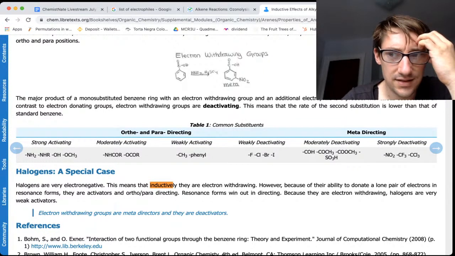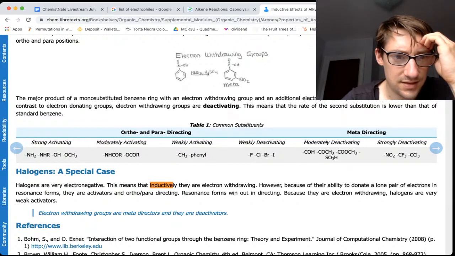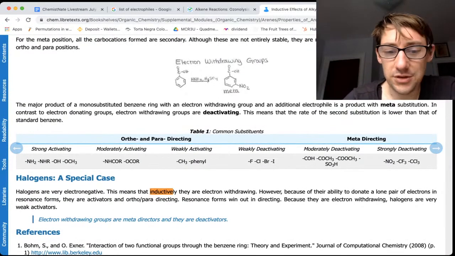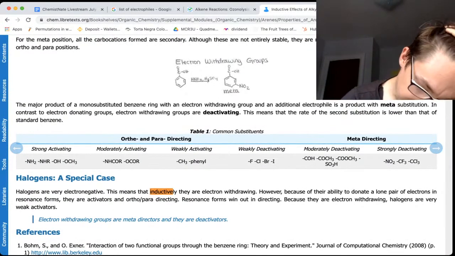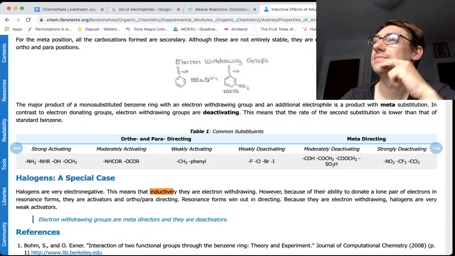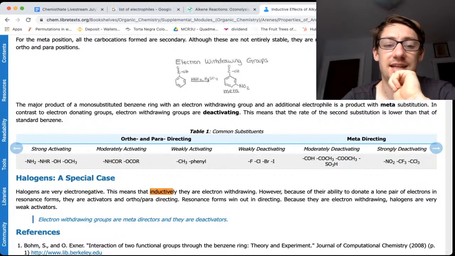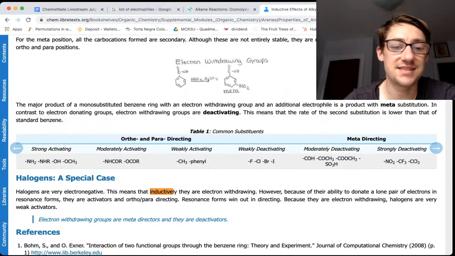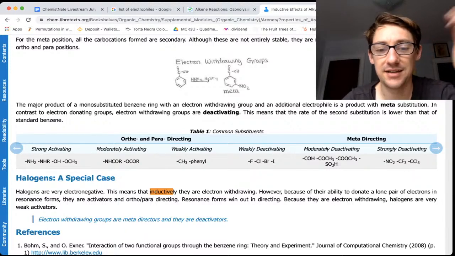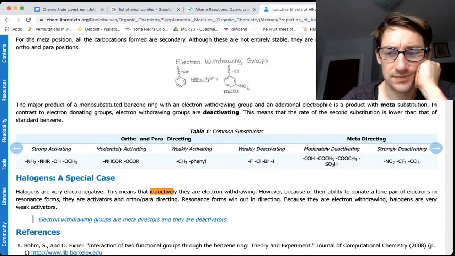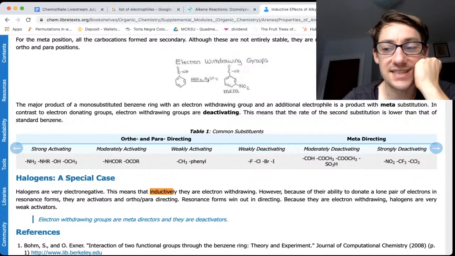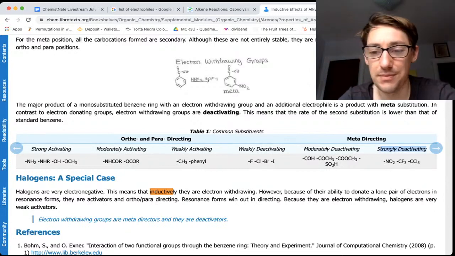Deactivating. I hate the word activating because I don't feel like it really gets across what's happening. Activating definitely means that you'll get a lot of ortho and para and hardly any meta. Strongly deactivating means you get a lot of the meta product.